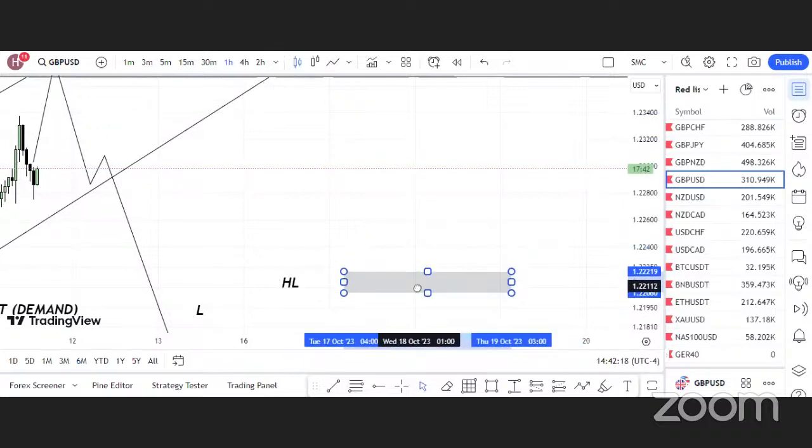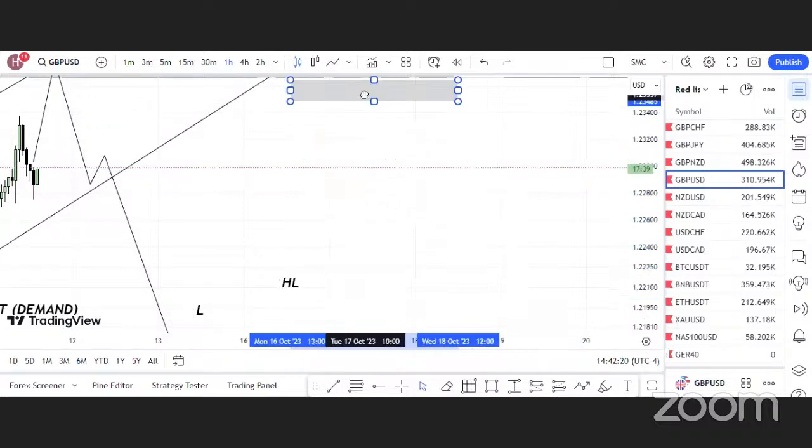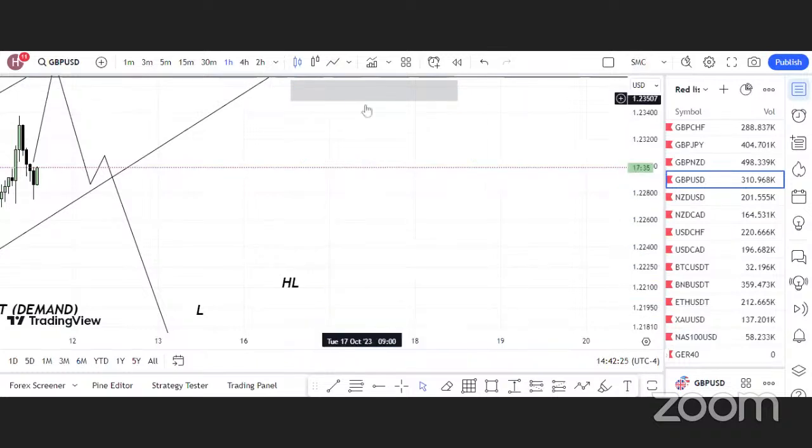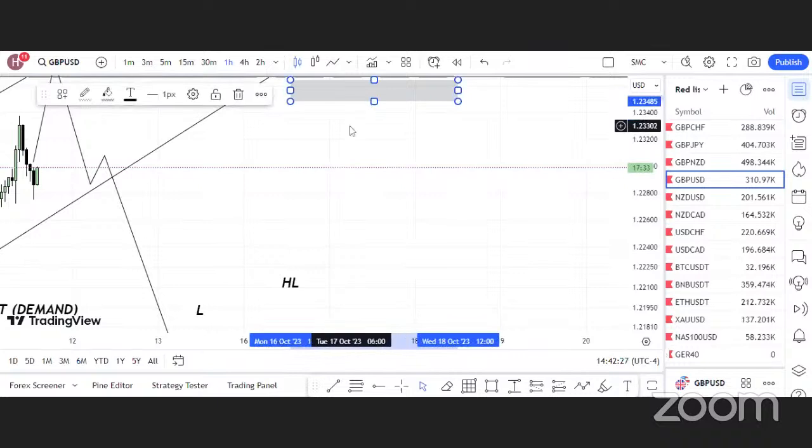So now let's say we have a high here. Let's say we have a resistance.